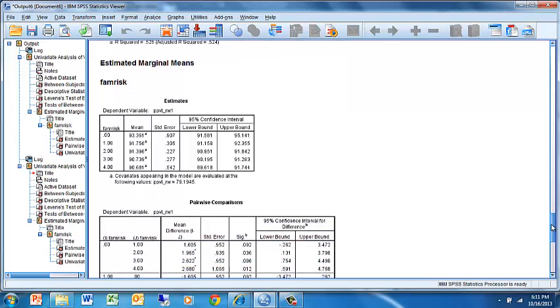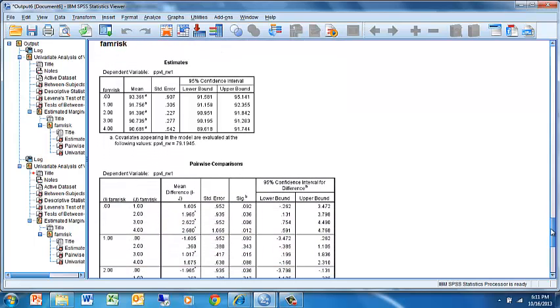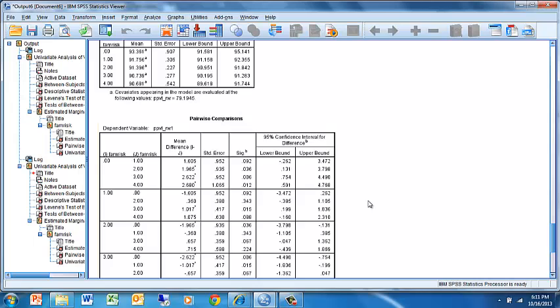Our pairwise comparisons help us identify where the significant differences are. And we can see that for family risk 0, there was a significant difference between 0 and 2, 3, and 4. There was a significant difference between level 1 and level 3 based on that significance value.